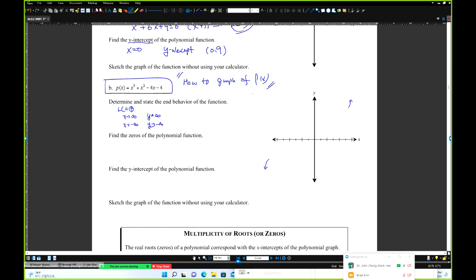To make a graph nicely and correctly, we need the zeros or y-intercept, because we don't know what happens between the two ends. At the end behavior, only that we got. Before these two end behaviors, we don't know anything. So to find more detail, we need to find the zeros. Zeros is what? y equals 0.